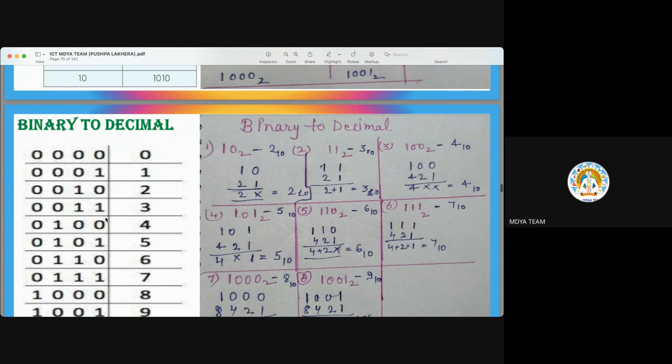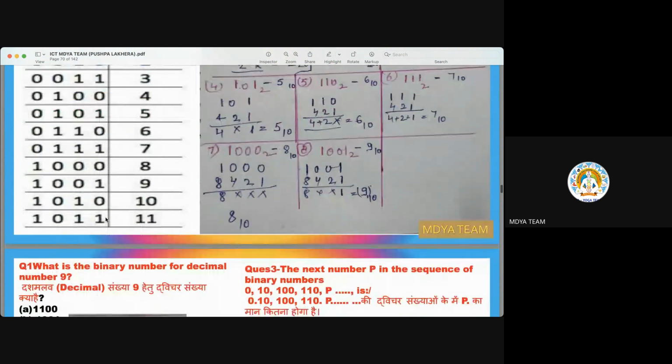The difference is the base which is going to change. If it is octal, the base is 8. You have to divide by 8 and multiply by the powers of 8 when you convert the respective numbers. And if it is hexadecimal, then the base will be 16 instead of 2 in binary. That is the difference.